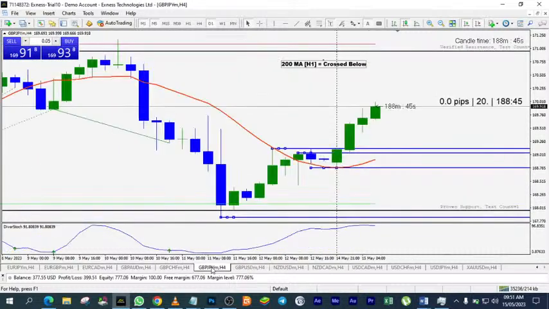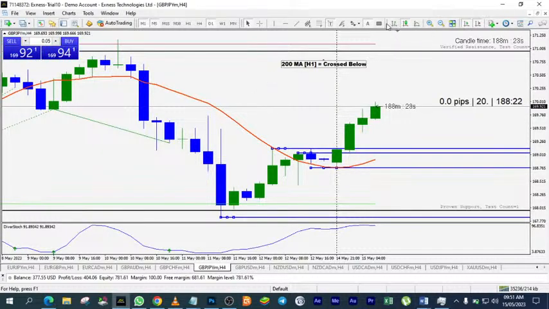So let's move on. Wow, this is really crushing it. This is really going to go up, but I don't run after trades. But this is really going up. But it's still a valid buy.